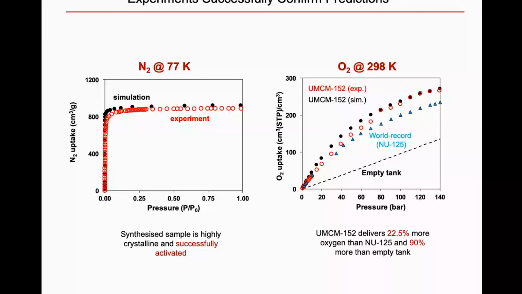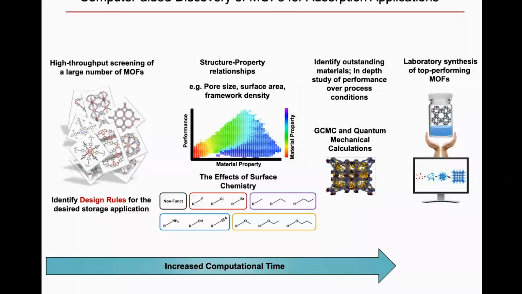Okay, so I think I'm running out of time. I'm going to quickly summarize. I have to say that because of practical constraints, experimental trial and error discovery of materials is simply not fast enough. And therefore, more efficient alternatives must be developed to design and discover new adsorbent materials.